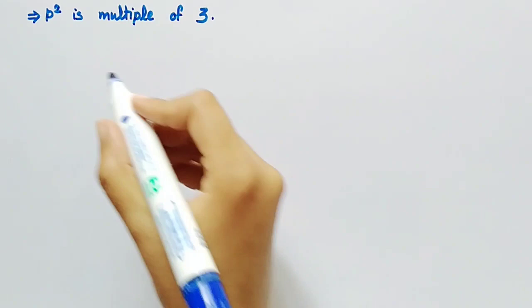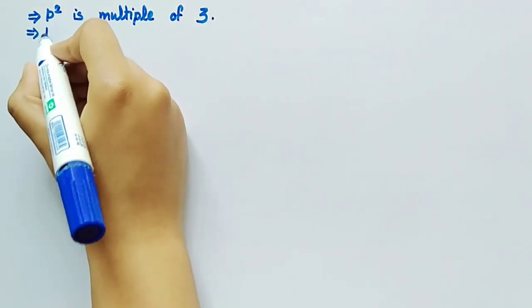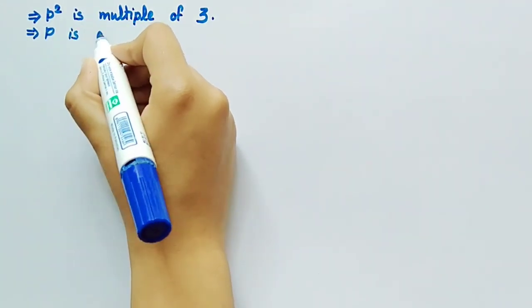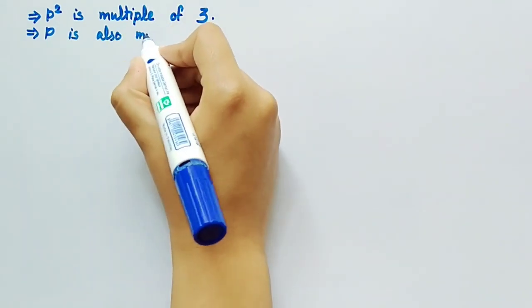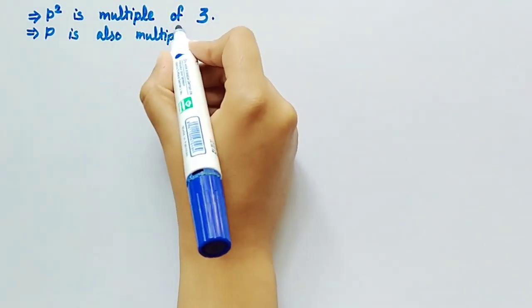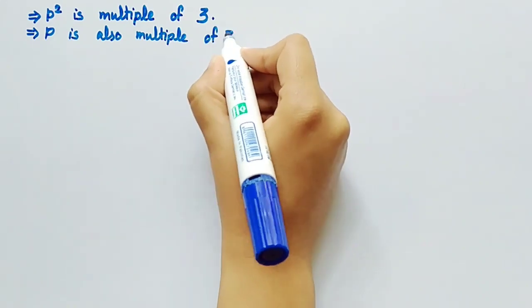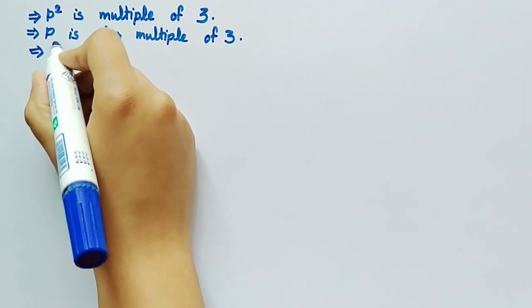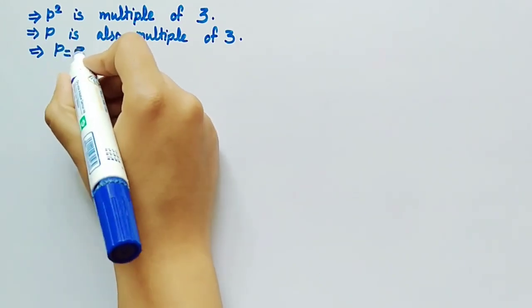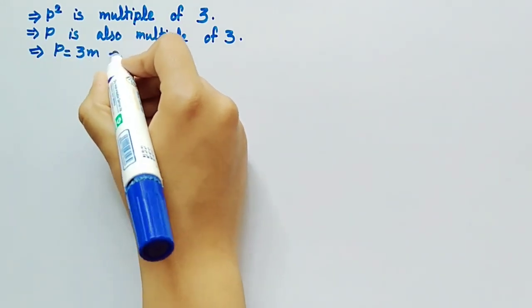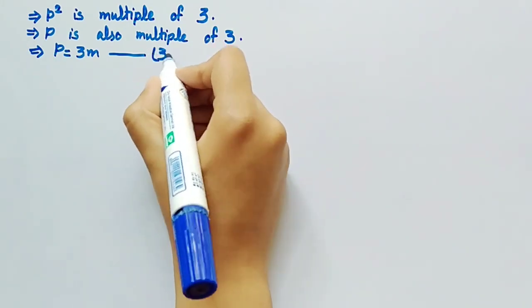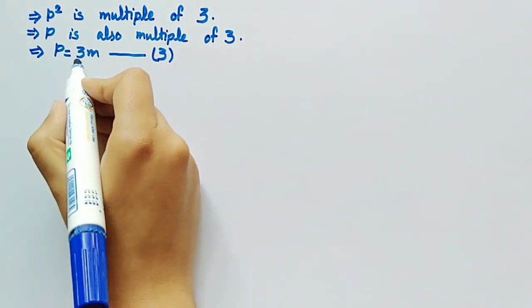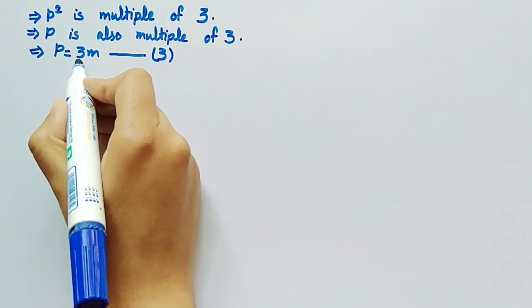So from here we can write that P is also a multiple of 3. If P is a multiple of 3, then we can write P as P equal to 3m. Let it be named as equation number 3. Here we have just written P as a multiple of 3.